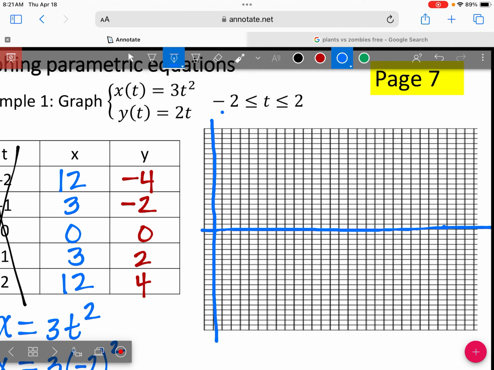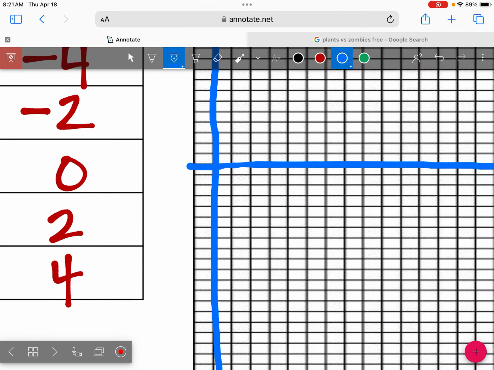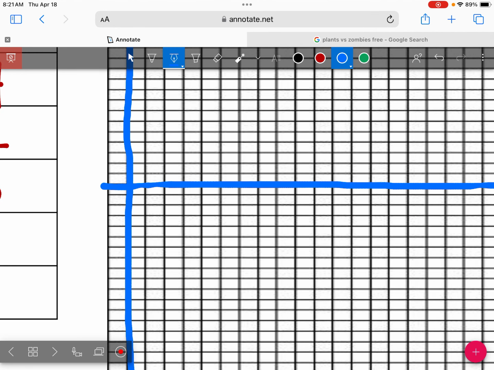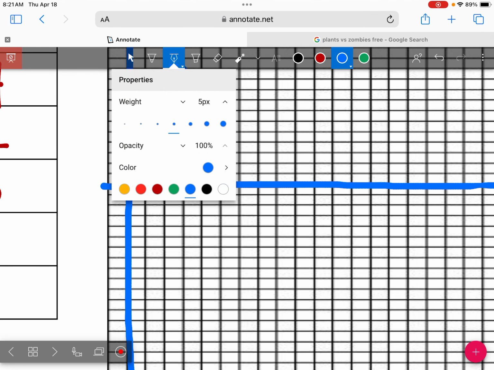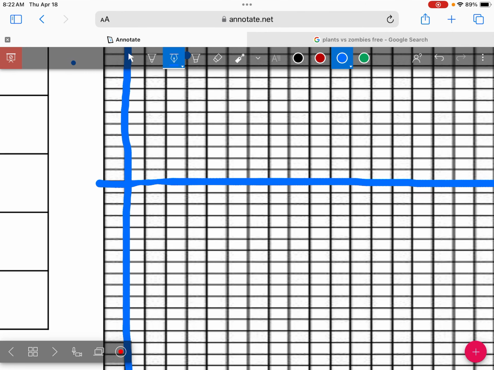And I noticed that for X, I need to go all the way up to 12, and for Y, I just need to go from -4 to 4. So what I did, again, I counted by 2s, but I probably could have even counted by 3s. I made every other one count as 1 because I wanted my curve to be stretched out.